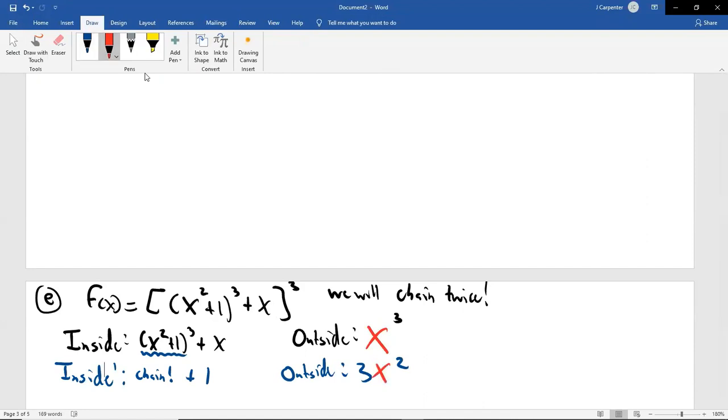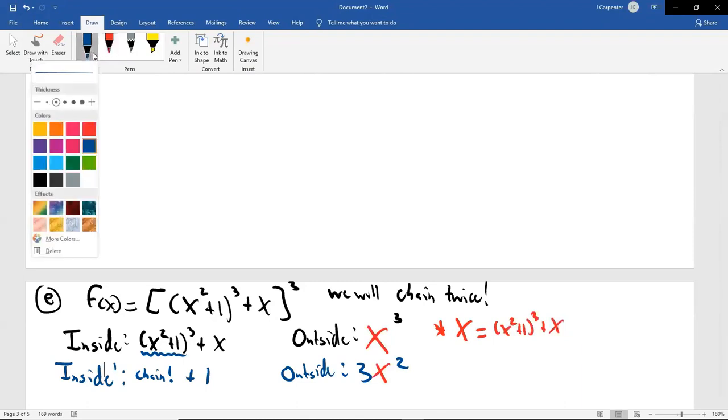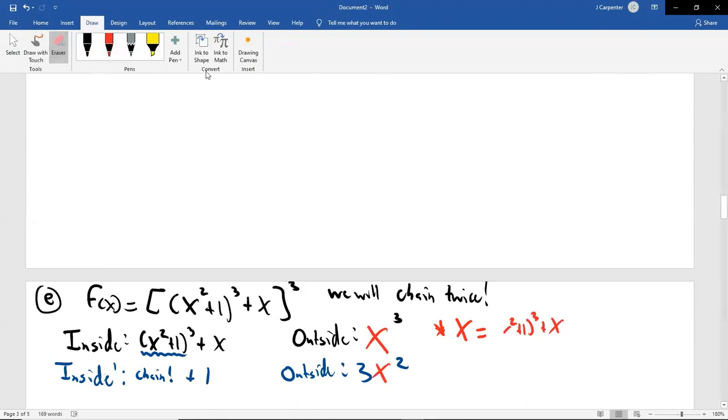So again, I'm even going to make a note here that this red x represents the original inside, which was the x squared plus 1 cubed, then plus another x. That's what that red x represents. And I want to change the color so it doesn't get too confusing.